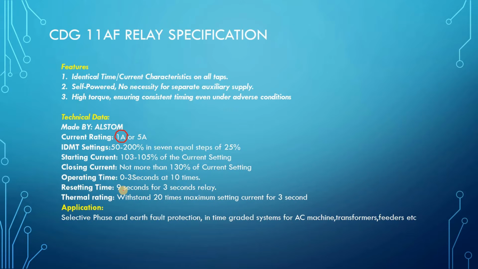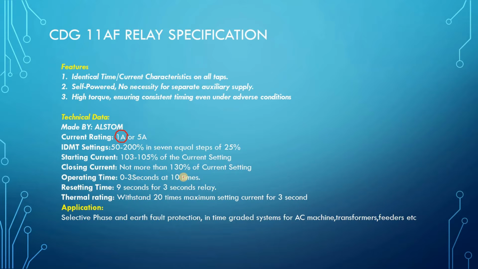Then the resetting time is 9 seconds for the 3 second relay. So this is the 3 second relay, because it is 3 seconds at 10 times, and we already know this is an inverse characteristic relay. So for the inverse characteristic relay at 3 seconds, when we have 10 times the operating current, we get 3 seconds.